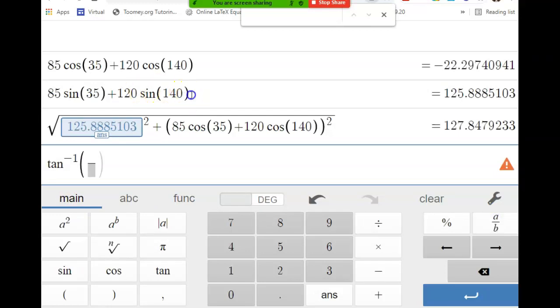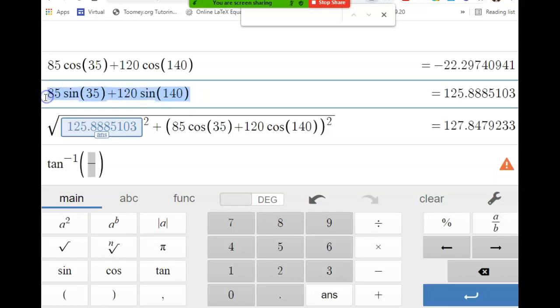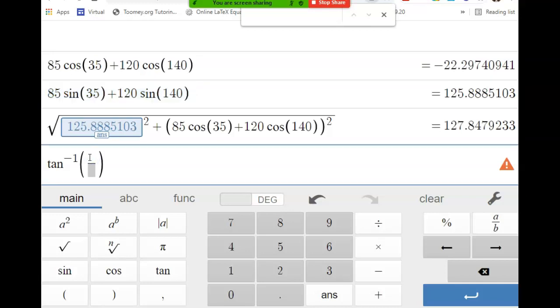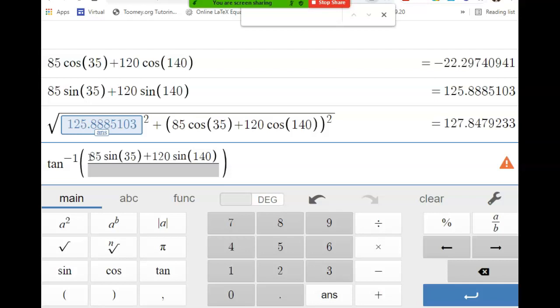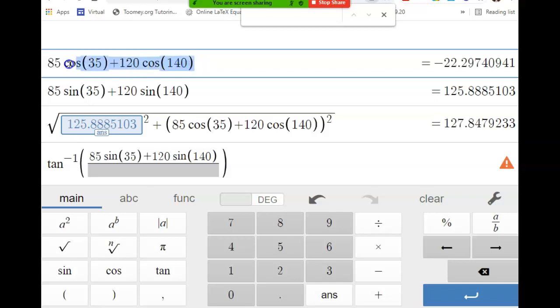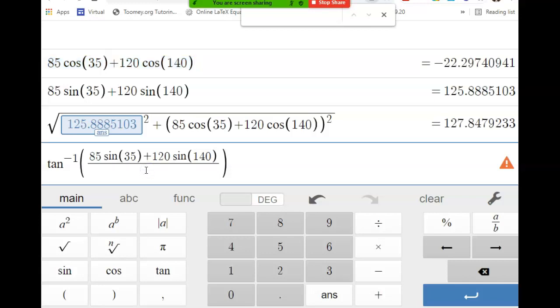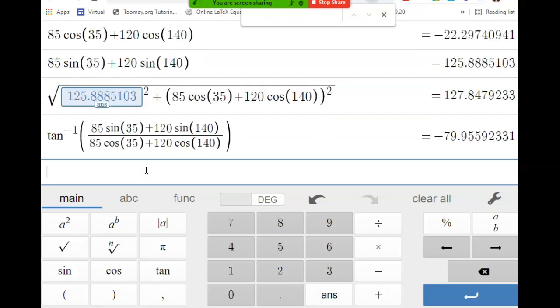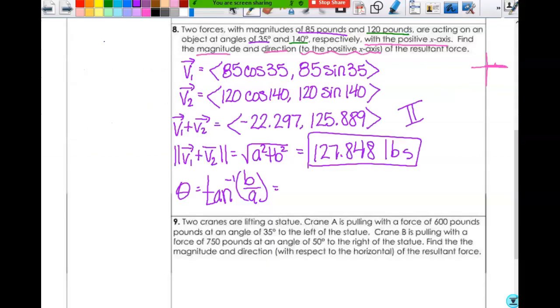B is the sine one, so I'm going to highlight that, Control C, put that in the numerator, Control V. Then here's a, highlight that, Control C, put it in the denominator, Control V. There's my angle. Okay? So I get negative 79.956. Not my final answer.